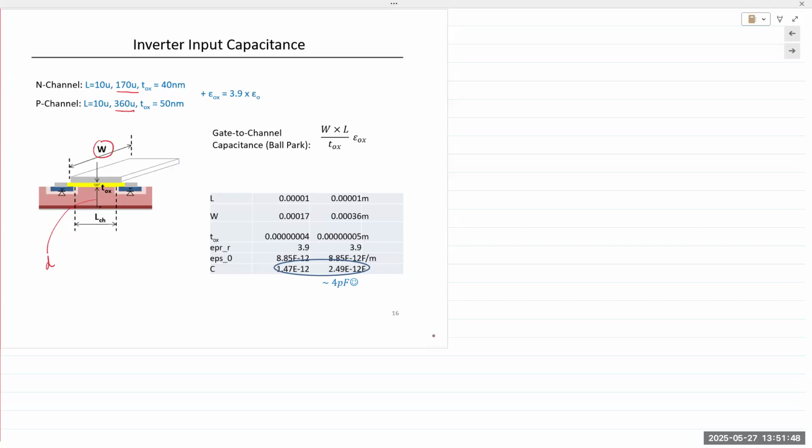It's A over D. Okay, epsilon A over D. Cross-sectional area, width and length of the channel divided by the distance or the thickness of the oxide. So TOX is the thickness of the oxide, and that would be the distance between the two plates of that capacitance.